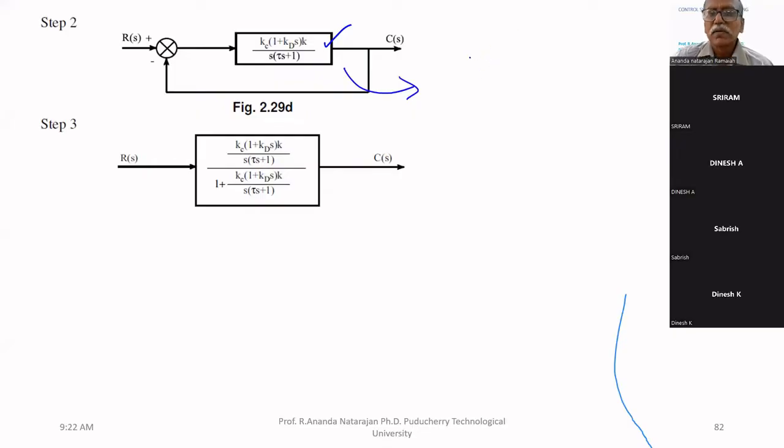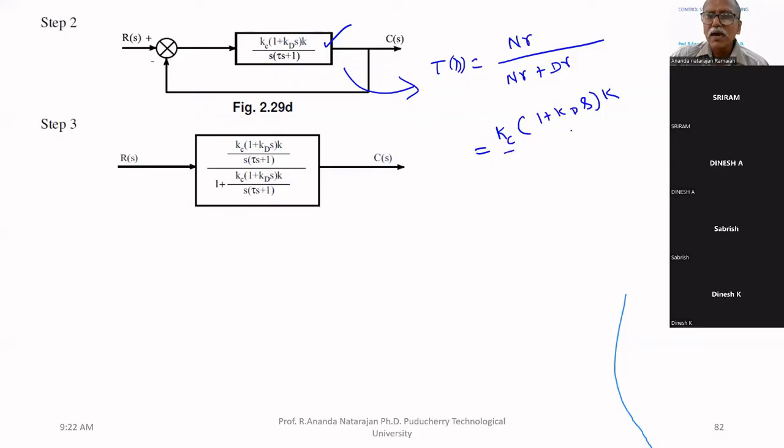The closed loop transfer function T of s equals numerator upon numerator plus denominator, that is Kc (1 plus KDS) multiplied by K upon s (tau s plus 1) plus Kc (1 plus KD S) K. That's all, this is the closed loop transfer function.